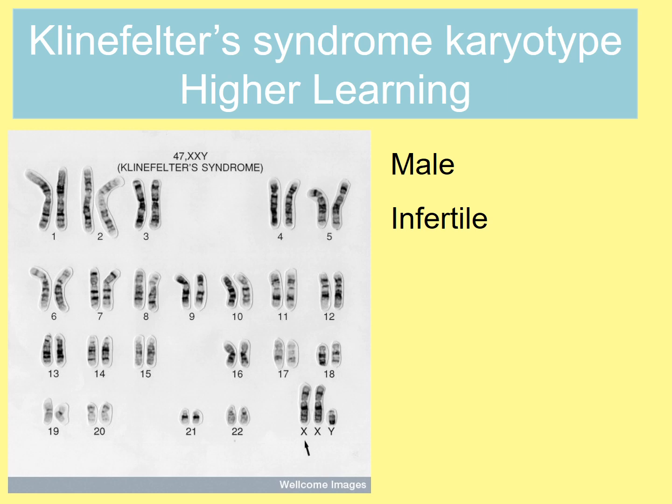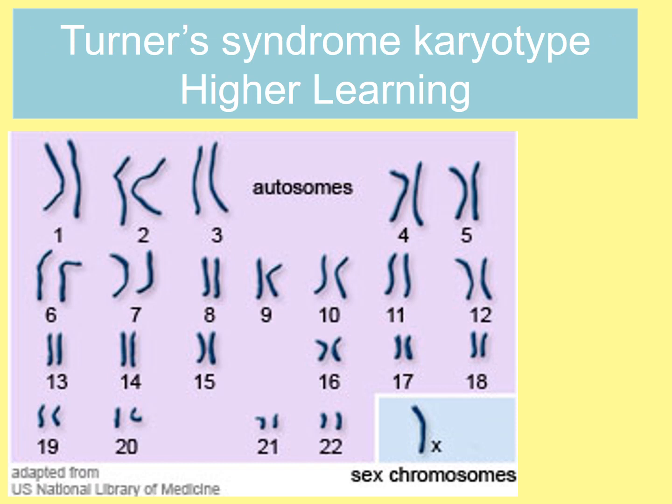This individual would be male. The inclusion of the Y chromosome gives rise to male characteristics. However, the extra X chromosome would make the male infertile, and at the point of puberty and following puberty would not develop secondary sexual characteristics and would remain sterile.